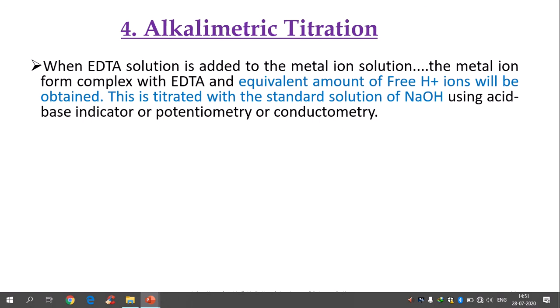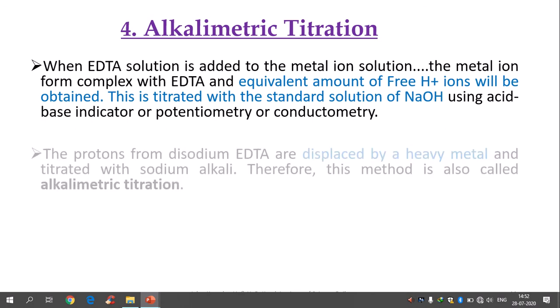An equivalent amount of hydrogen ion to the metal ion is released. So based on the number of hydrogen ions, we can also determine the number of metal ions. So these free H+ ions can be titrated with the standard solution of NaOH using an acid base indicator, or any of the instrumental methods like potentiometry or conductometry can also be used to determine the concentration of the H+ ions.